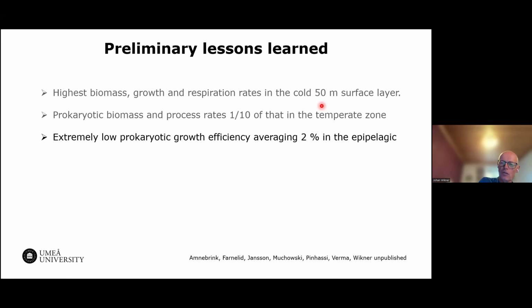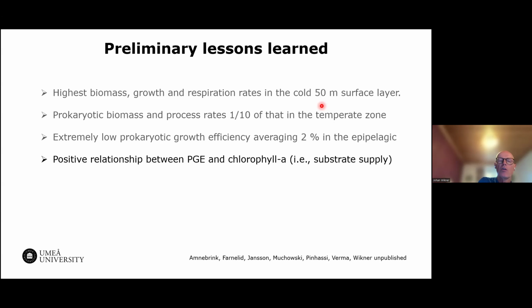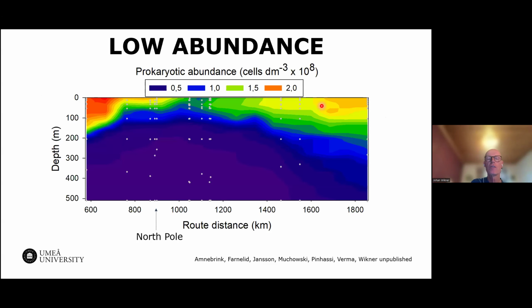It's more like 2%, and values 10 times higher than that have been used in the literature recently. We also could demonstrate, despite this quite small data set, a relationship between growth efficiency and chlorophyll A, which would then say it's more like substrate supply than temperature that is important to regulate the growth efficiency.